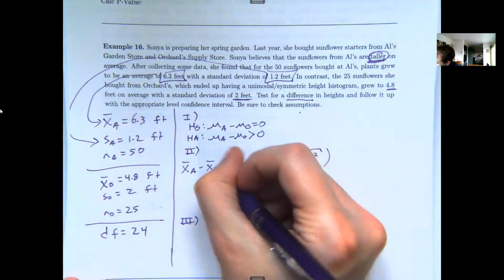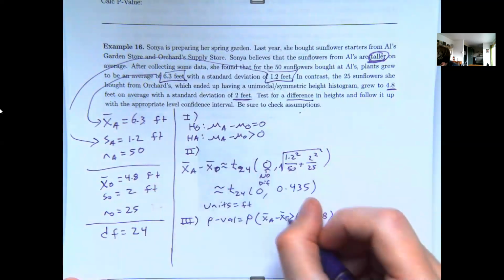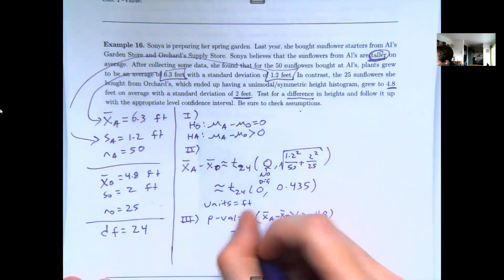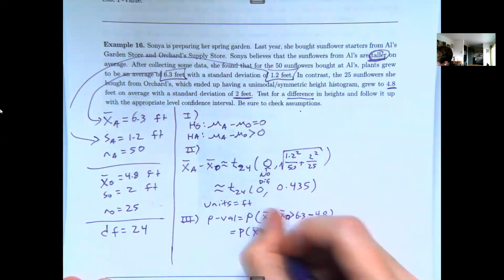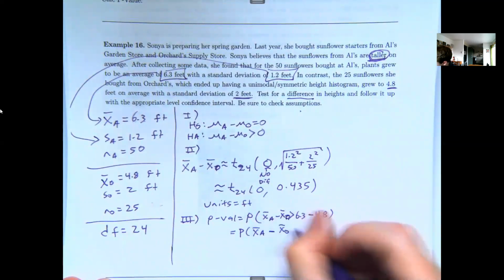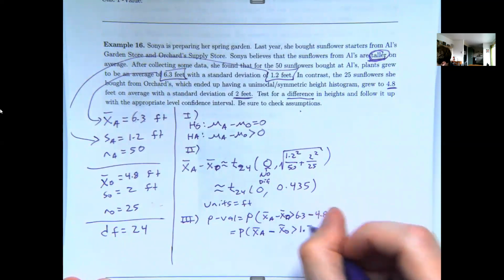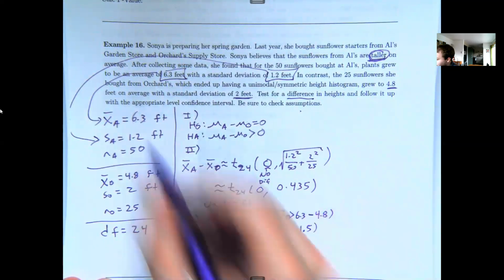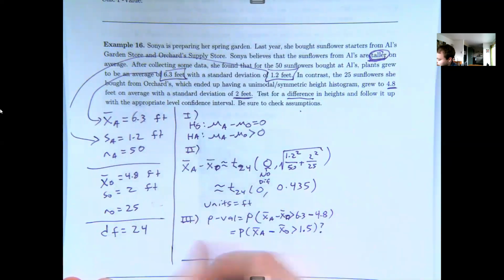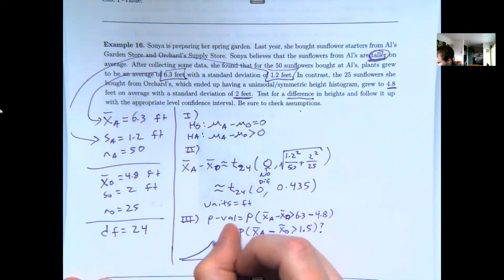T should really be O for orchard. I have Tylenol on the brain. So I'm going to be looking at Al's minus orchard. And the value I'm going to be using for the problem is the difference of the two averages. It's 1.5 feet.